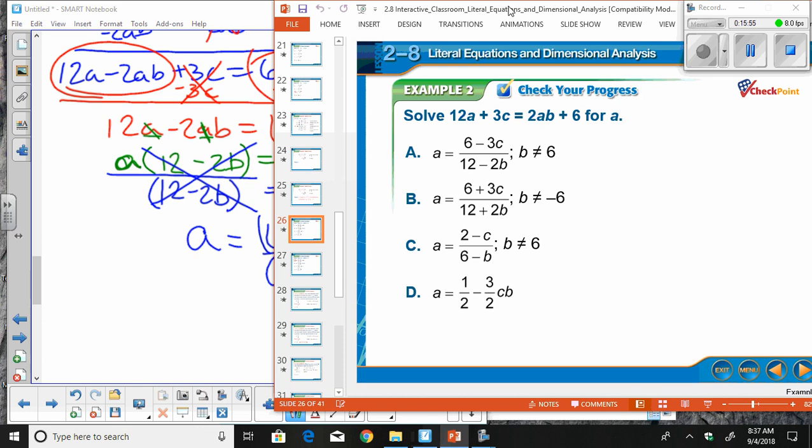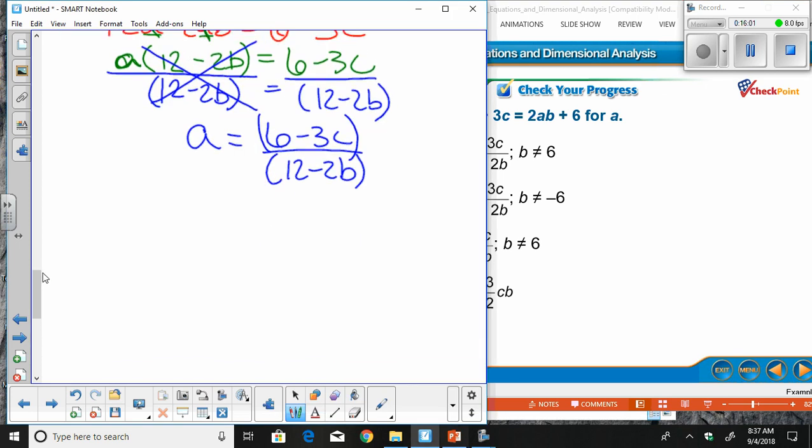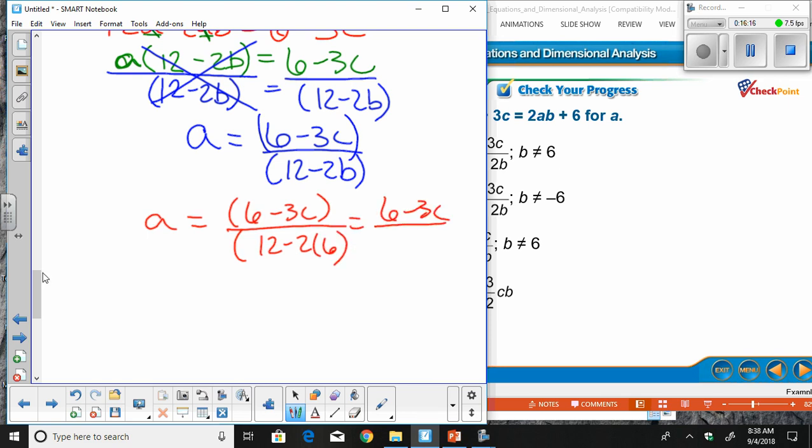So for part A, I'm seeing, yes, where b cannot equal 6. Why are they saying that b cannot equal 6? Well, what happens if b equals 6? Let's try that out and see. So a would equal 6 minus 3c over 12 minus 2 times 6. So you have 6 minus 3c over 12 minus 12.